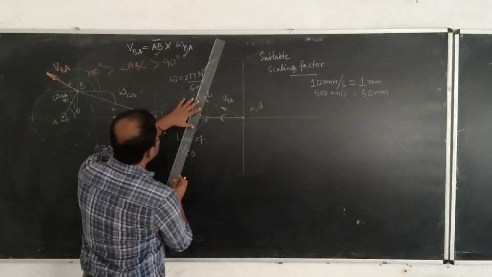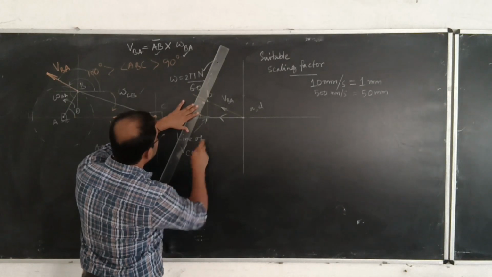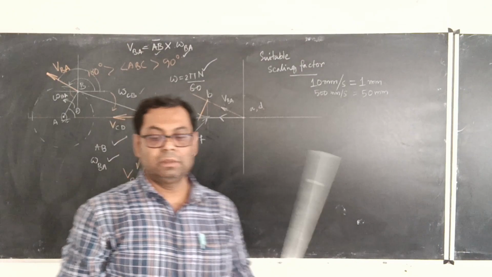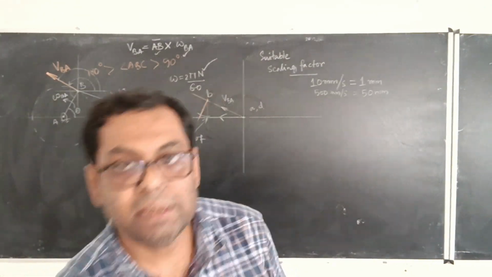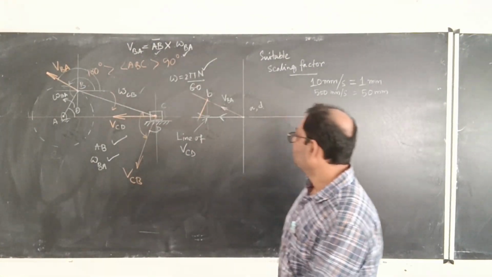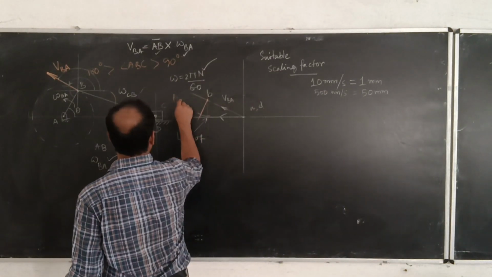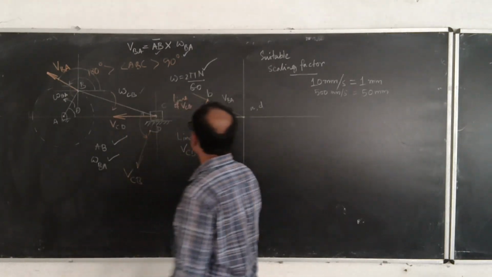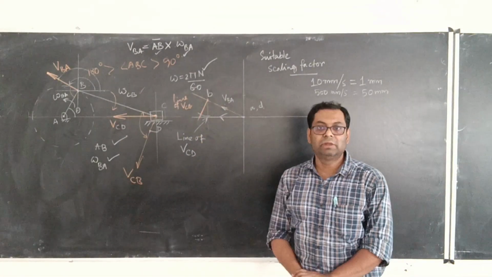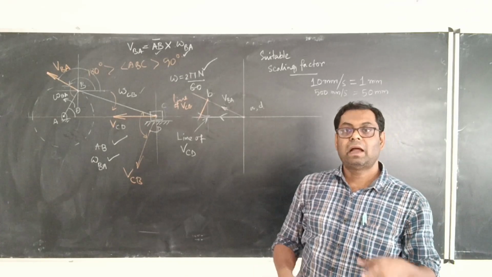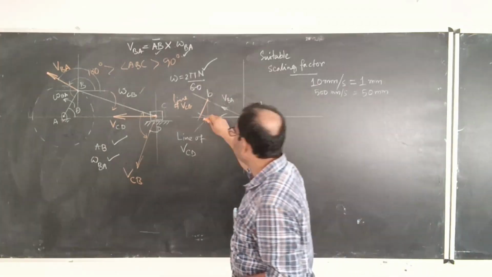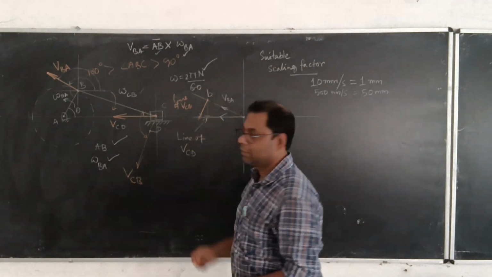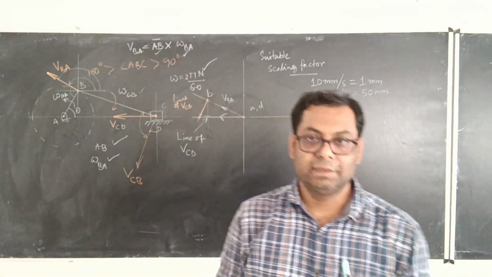So if you join them together from point B, then we will find that this new line, which is the line of velocity of C with reference to B, and the line of velocity of C with reference to D, have a common point of intersection, and that is this particular point on the horizontal axis.